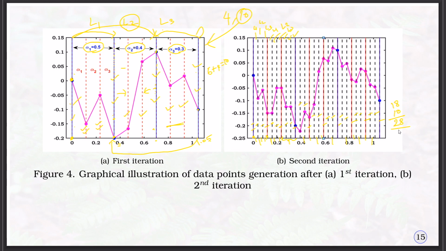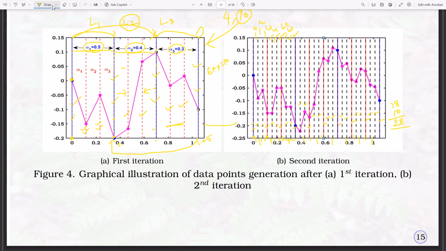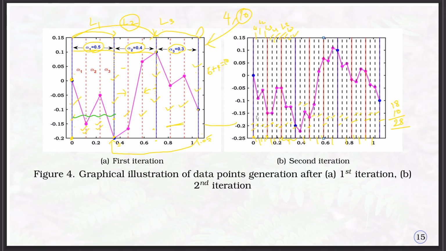So, these 2 images depict how the iteration process is happening. Now, you can observe that in all this interval we are applying the scaling factor alpha 1 as 0.5, and throughout this region 0.4 and here 0.3. Now, this whole interval is reduced to this interval. For example, particularly this interval, after the first iteration it is reduced here.